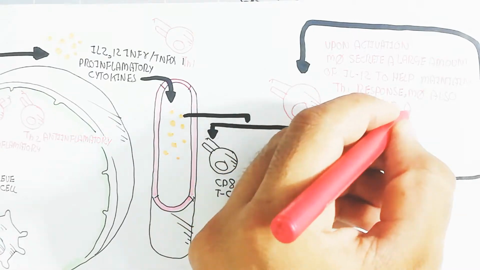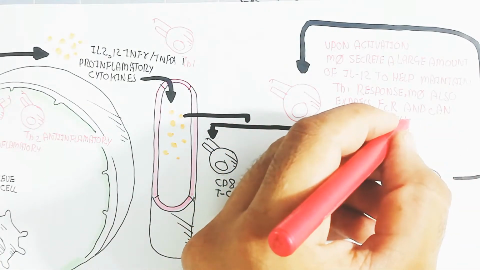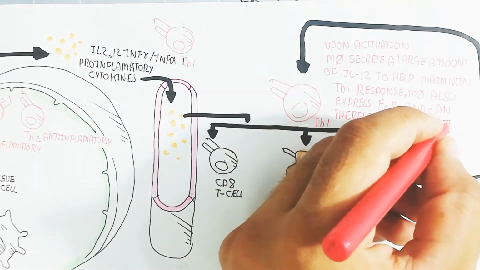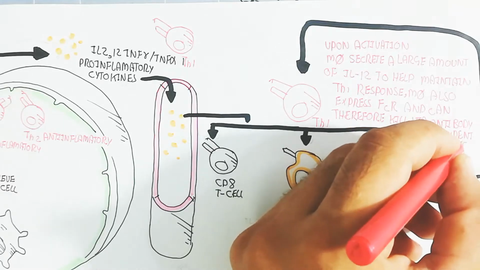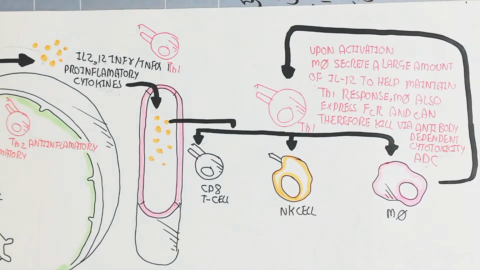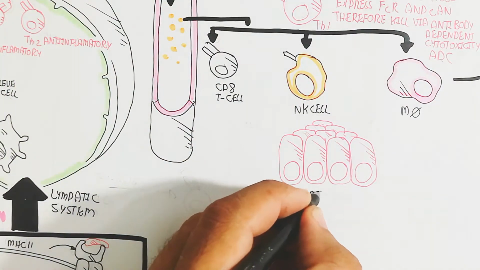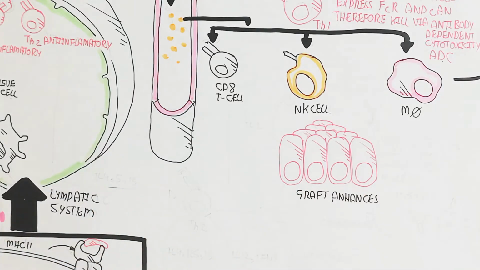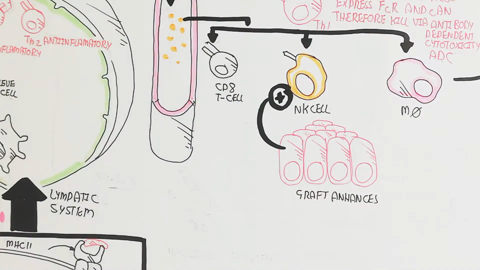The macrophage also expresses the Fc receptor and can therefore kill via antibody dependent cellular cytotoxicity, ADCC. Anyhow, here is the grafted tissue. Again, I am drawing for understanding. The grafted tissue also produces cytokines and recruits the natural killer cell, which binds to the killer inhibitory receptor and the MHC class 1 molecule.